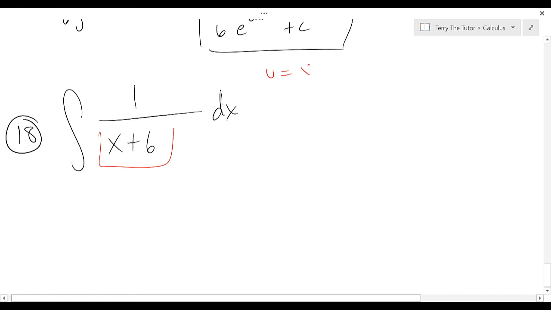U equals x plus 6, du equals, well, what's the derivative of x? Well, that's just dx. What's the derivative of 6? Well, that's 0. That's gone. Okay. So actually let's put 1 there. So I've got 1 dx. I think I found my du. And here's my u.